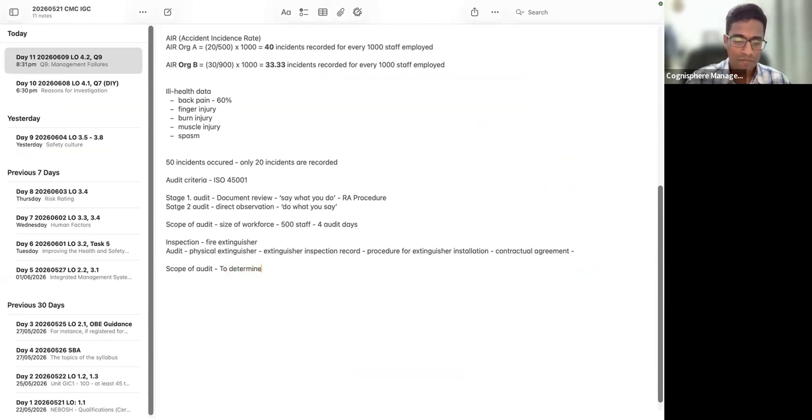to determine how trainings are planned, analyzed, and delivered in your organization.